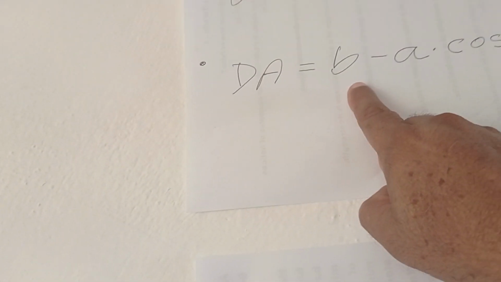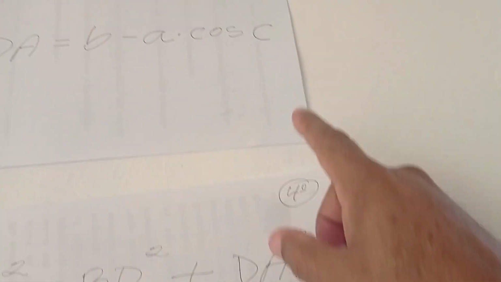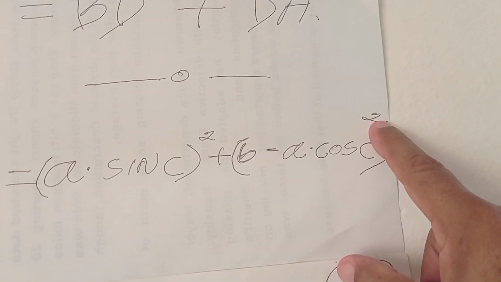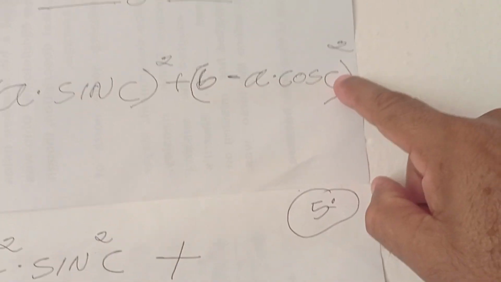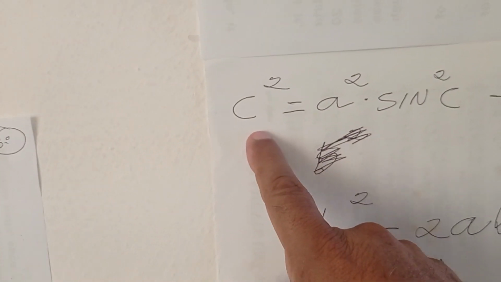DA is here, B minus A multiplied by cosine of C, squared.